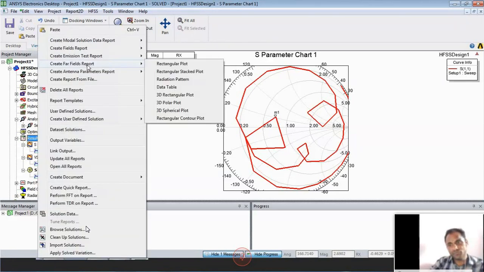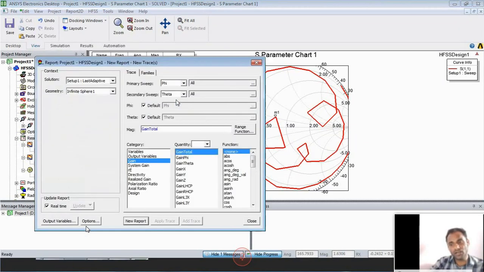Then we need the gain of the antenna. So go for create far field, and in far field we get a 3D polar plot. You select the 3D polar plot. Then you go to setup, then sweep, current sweep. Then select overall gain, with the unit in dB.